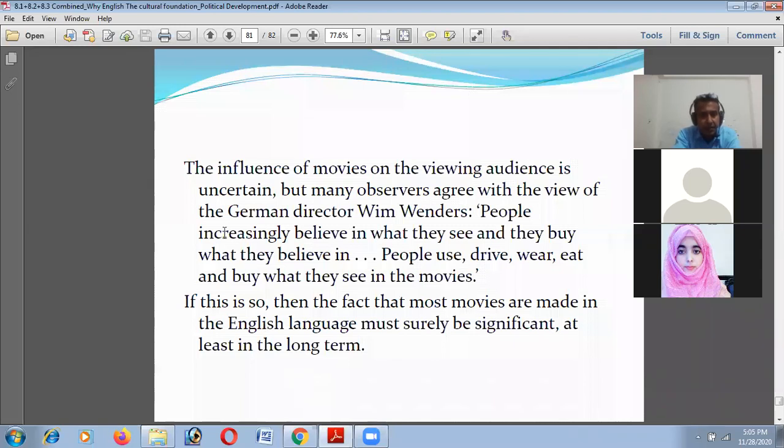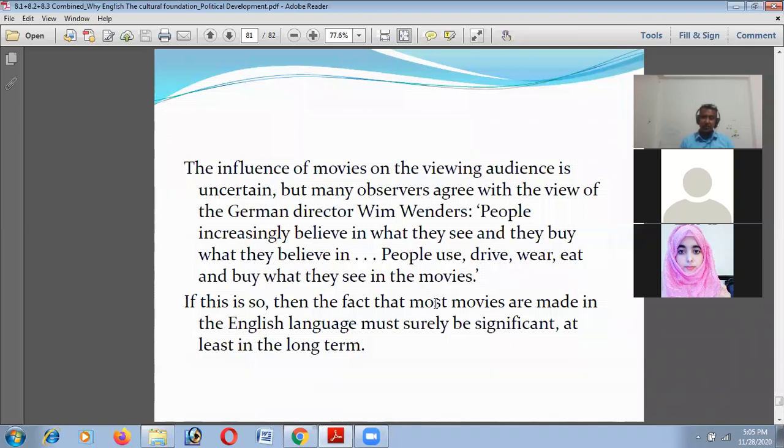So the influence of movies on the viewing audience is uncertain, but many observers agree with the view of the German director Wim Wenders that people increasingly believe in what they see, and that they buy what they believe in. People use, drive, wear, eat, and buy what they see in the movies. So movies are a way of advertisement of language.